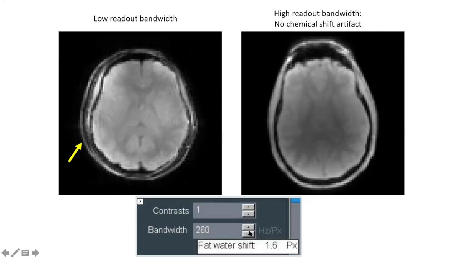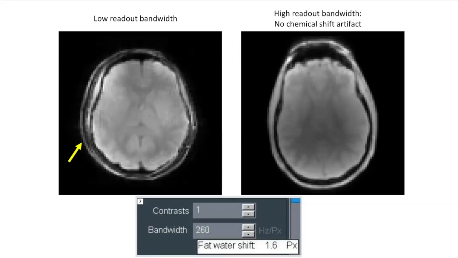So you can actually calculate how many pixel shift you would expect. So it's helpful to know if you see this value and you don't like it, you could try to increase the bandwidth if possible, or play around with other parameters to decrease its chemical shift artifact.